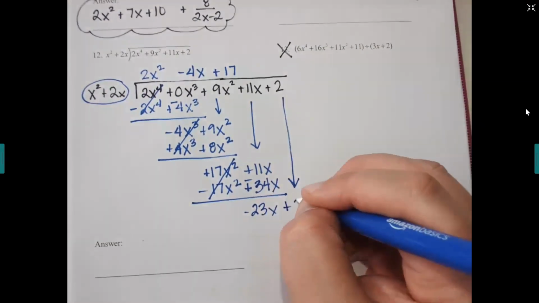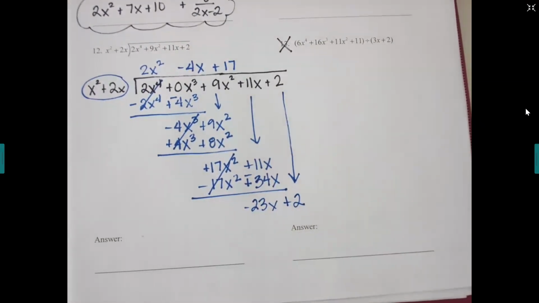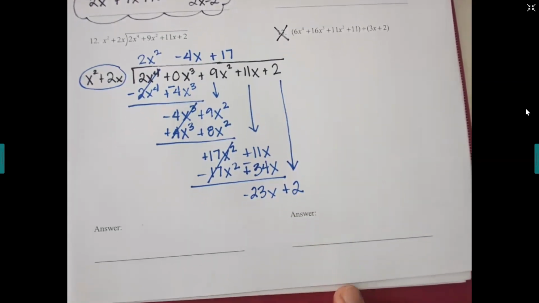Okay, now when you get to this point, is there anything I could times my x squared by to make it go back to a regular x? Then this is your remainder. So as soon as your power here is too small for you to times to get it, that's when you know that you're done. Write your answer.